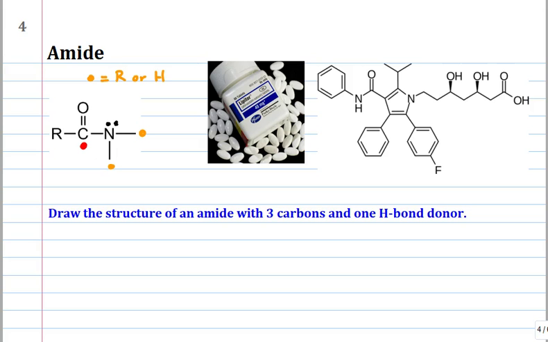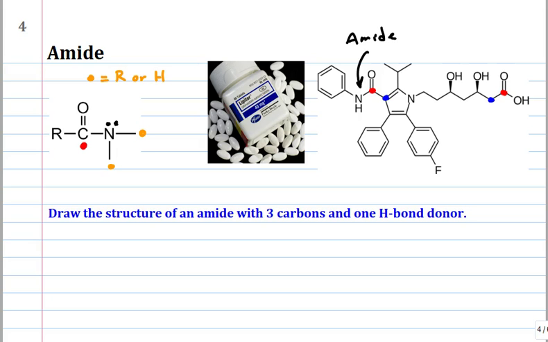Well, again, I'm going to landmark my carbonyls, and I'm going to look at carbons that might help me answer this question. After doing this, I see that this looks like an R, a carbon, C double bond O, N, and then there's an R and an H. This tells me that's an amide.